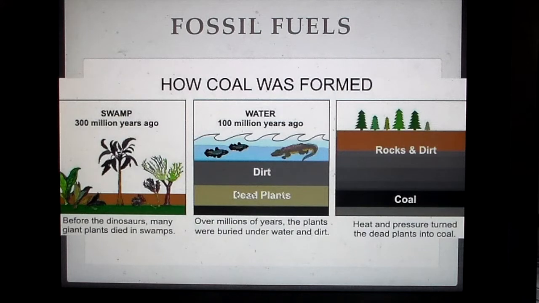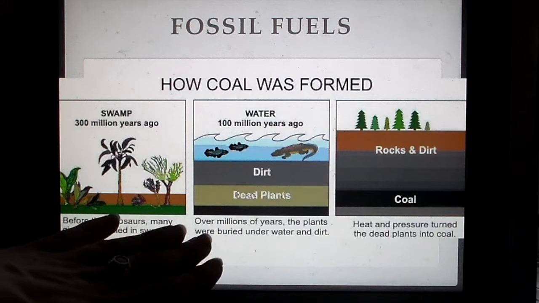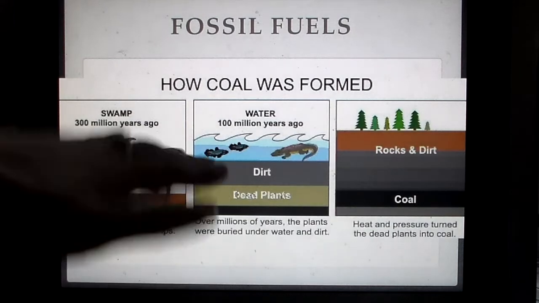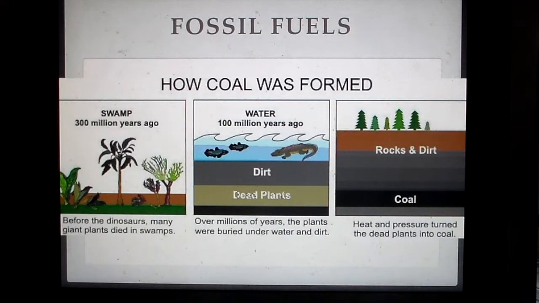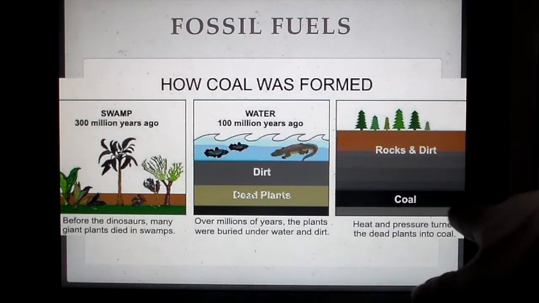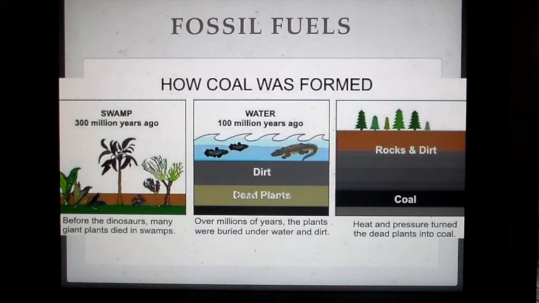And over millions of years, the plants and animals got buried underwater and under dirt. And what happened was all of that layer of dirt that's laying on top of them, over time, heat and pressure is going to press down on the dead plants and animals, turning them into fossil fuels like coal, oil, and natural gas. So this obviously takes a very long time.